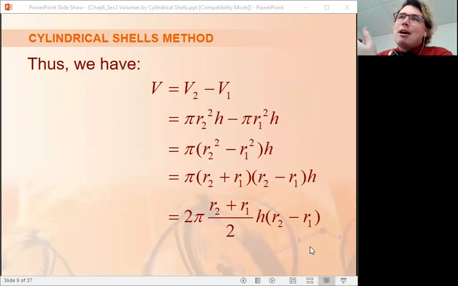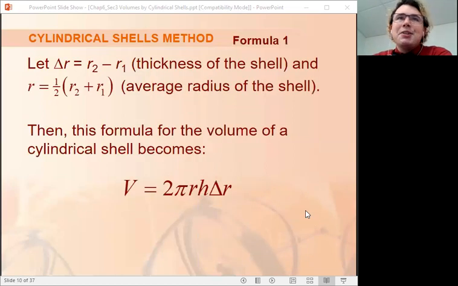because when I go to take more and more shells, I'm thinking of this as being part of my Riemann sum, then my R2 and my R1 have to be getting closer together, right? My delta R's have to be getting smaller.